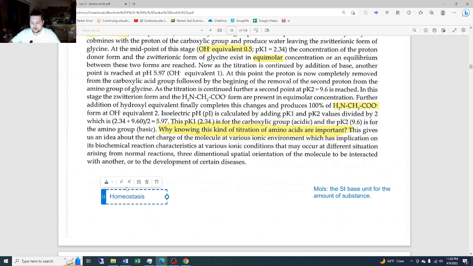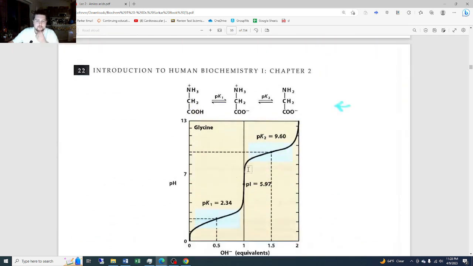If we're out of homeostasis, then our pH levels are going to be slightly skewed, which can be in specific areas of the body. So we're going to have different pH levels in different parts of the body. Then we can have different interactions due to whatever has taken us out of homeostasis.